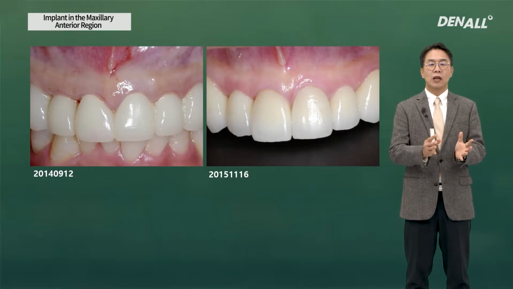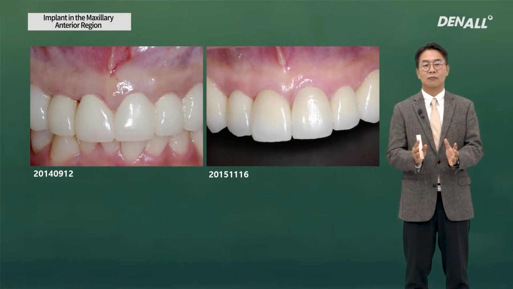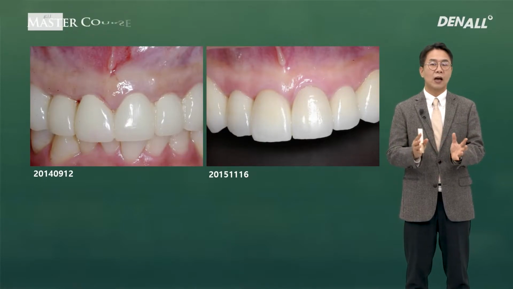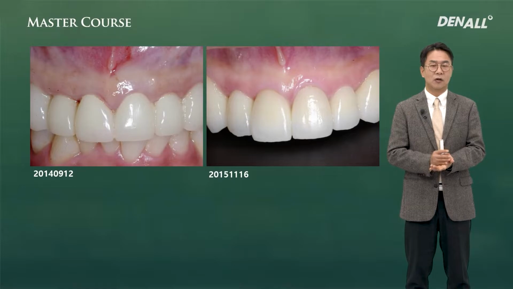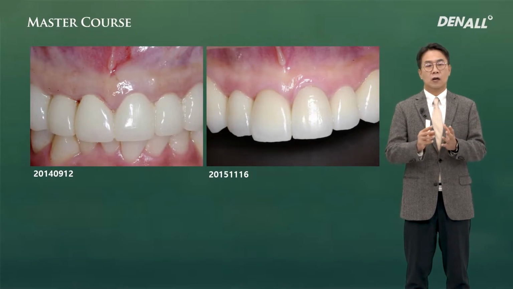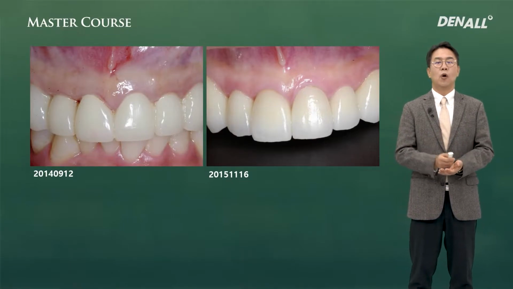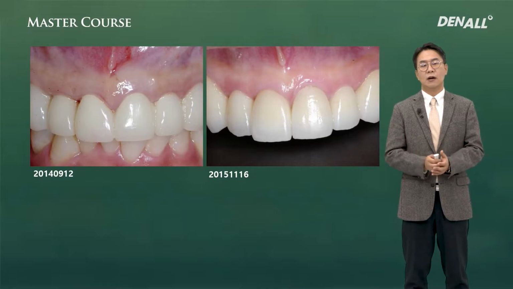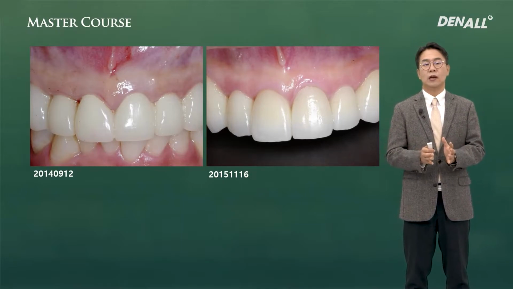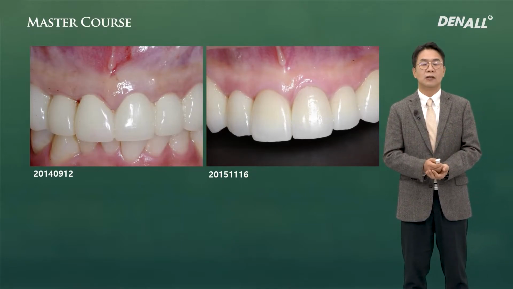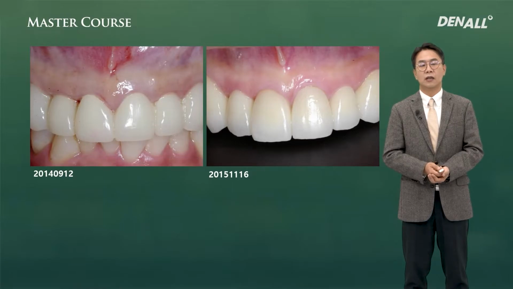If you look at here, it's the same patient, but the teeth appear to be different. The contour looks a little bit different, and the form of teeth as well. How can we implement that? From the maxillary anterior perspective, this is not necessarily related to implant.